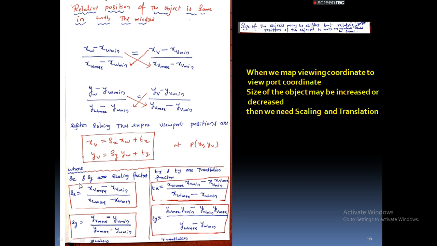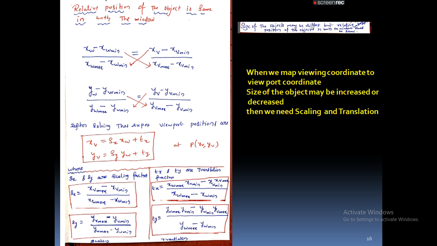Why do we need scaling factors in this topic? When we map window coordinates to viewport coordinates, the size of the object may vary. It can increase or decrease because of the size of the viewport. If the viewport is smaller than the window, the object size has to be reduced.